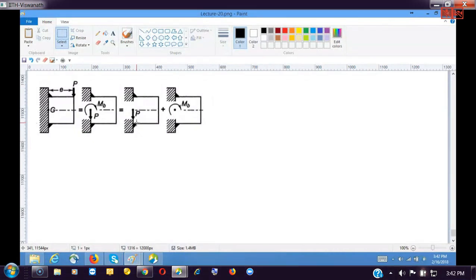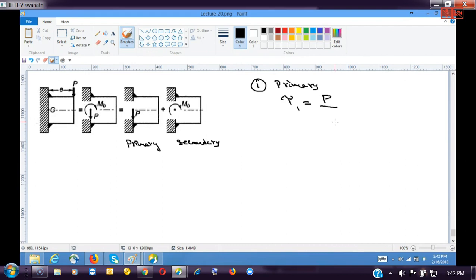So this is primary, this is secondary. First, the primary shear tau 1 is equal to P divided by A, where A is the throat area, and in the secondary, bending will lead to axial stresses.